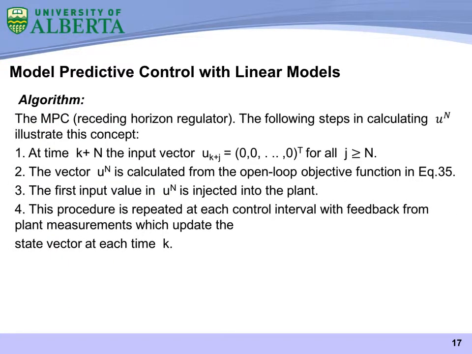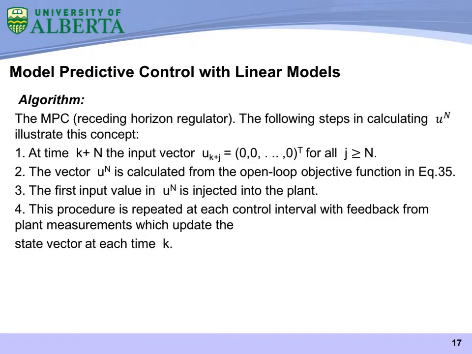Namely, the MPC receding horizon regulator solves for the finite time horizon, and once the solution is obtained, at time k plus n, the vector U is calculated from the open loop objective function. Then only the first input is injected into the plant, and this procedure is repeated at each control interval with feedback from plant measurement, which updates the state vector at time k.